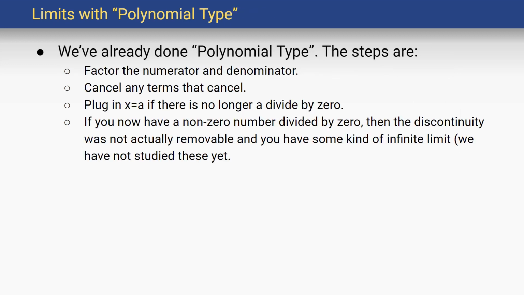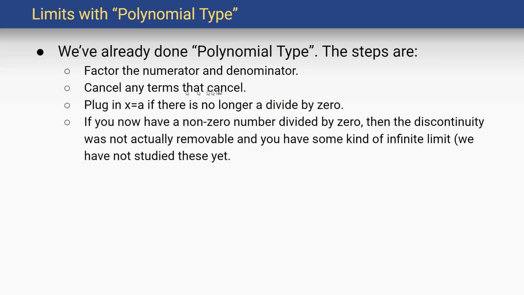So let's start with the polynomial type, because we've actually already seen this before. So the steps that we used to actually evaluate a limit of this type is as follows. The first thing we did was we factored the numerator, and I say numerator and denominator. You just factor everything, okay? And after you factor everything, maybe there are terms that cancel.